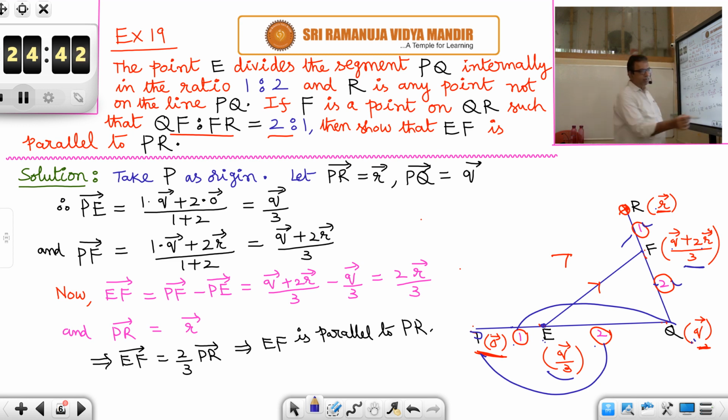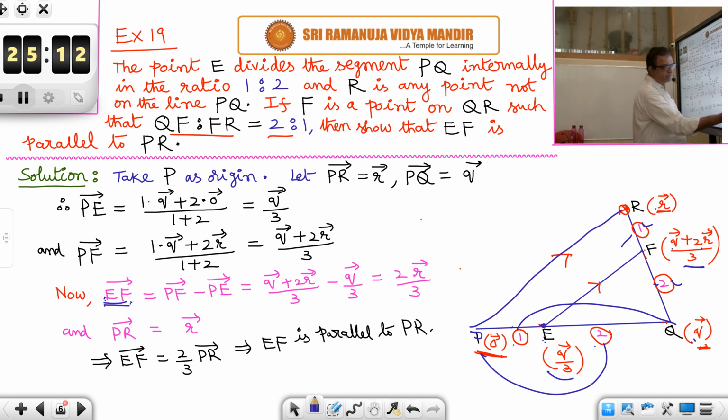Now what is our aim? Our aim is to show that EF bar and PR bar are parallel. So let us calculate EF bar. What is EF bar? Position vector of the terminal point minus position vector of the initial point. Here origin is not O but P. PF bar minus PE bar. Okay. EF bar is PF bar minus PE bar.